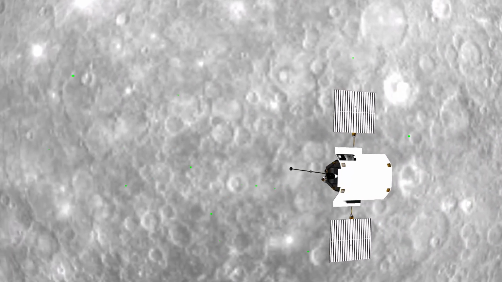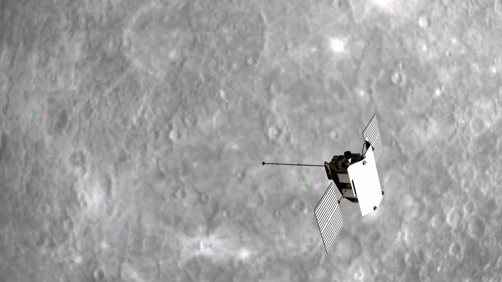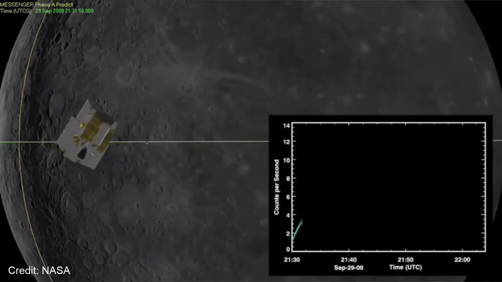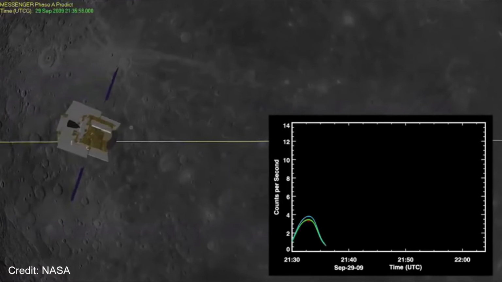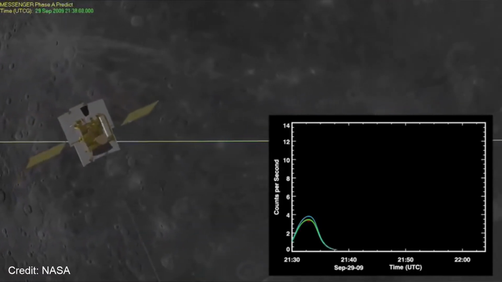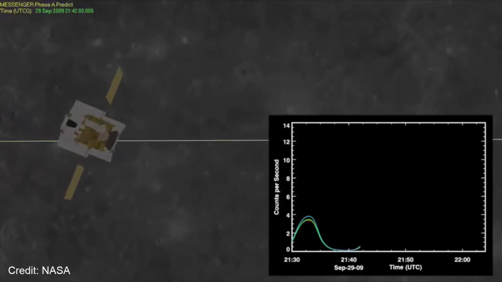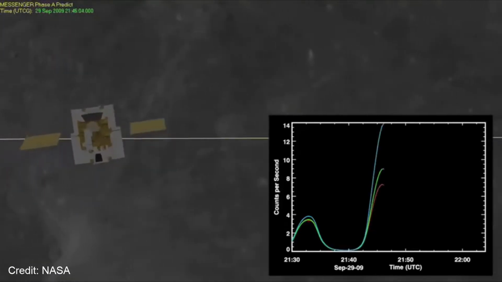So, if we want to point our spectrometer in a specific direction, the entire spacecraft has to be turned. When Messenger began collecting neutron data on its third flyby of Mercury, it performed a special maneuver while doing so. This was necessary to increase sensitivity by pointing the sensor in various directions. Since the sensors are not movable, the spacecraft had to perform the maneuver.